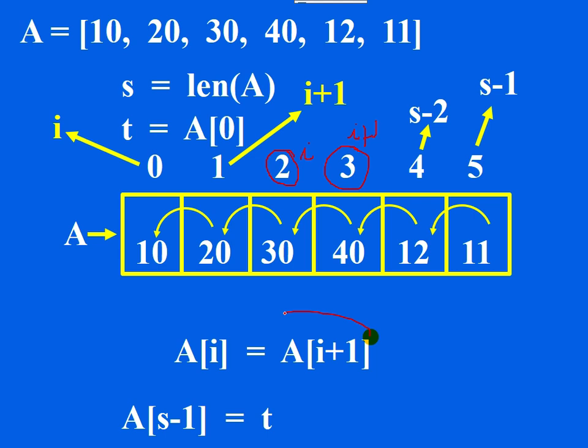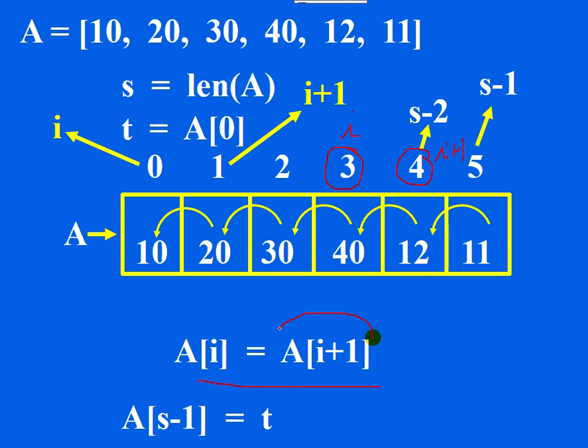Okay, so you can see A of I plus 1, 40 is assigned to A of I, and A of I is this position. So 30 is replaced with the 40. Now in order to perform this shift, same statement, but what is I? I is 3. And what is I plus 1? I plus 1 is 4.